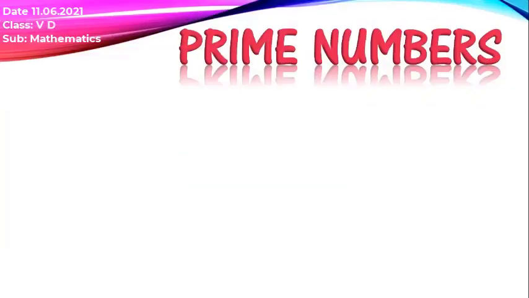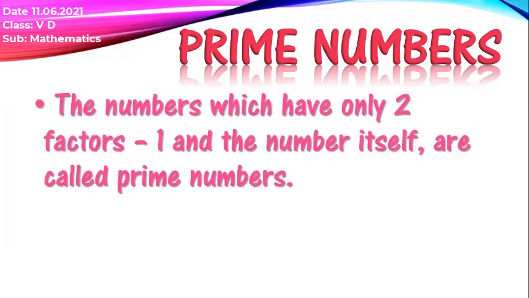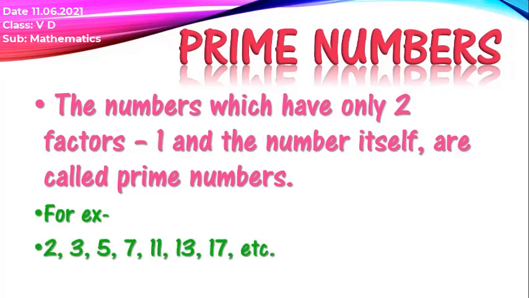Prime numbers. The numbers which have only two factors, 1 and the number itself, are called prime numbers. For example, 2, 3, 5, 7, 11, 13, 17, etc. Composite numbers.